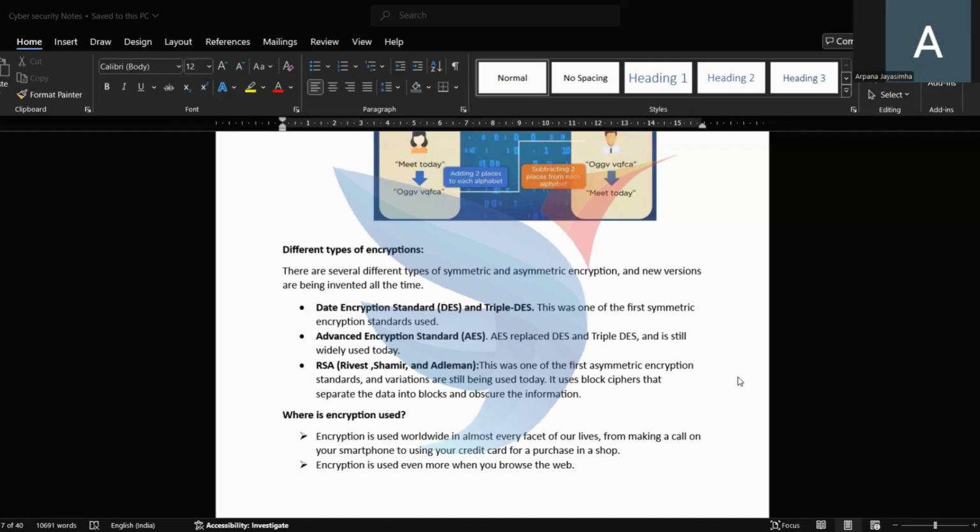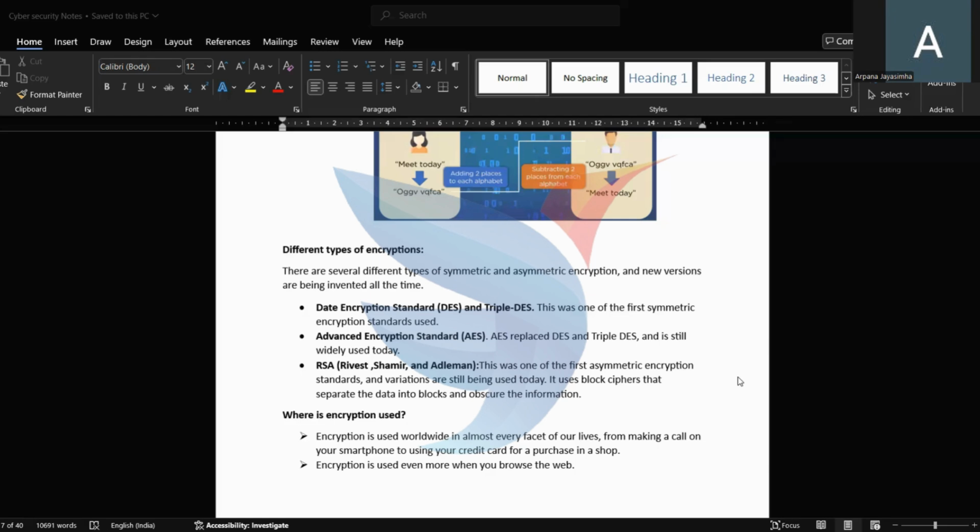RSA was one of the first asymmetric encryption standards, and variations are still being used today. It uses block ciphers that separate the data into blocks and obscure the information.